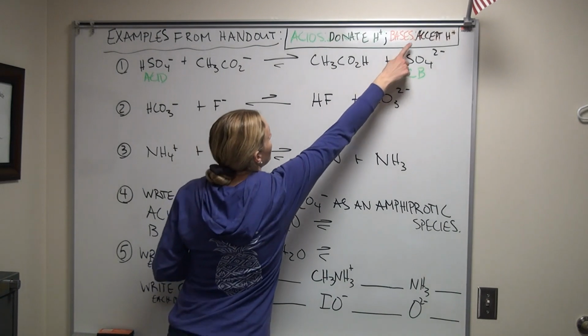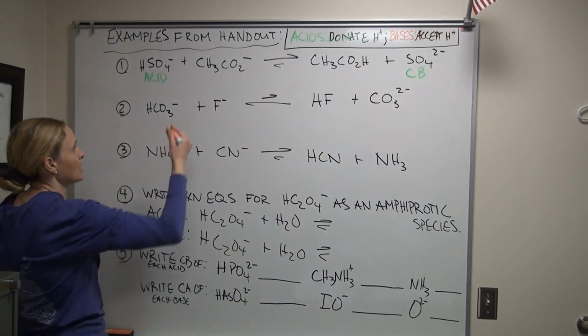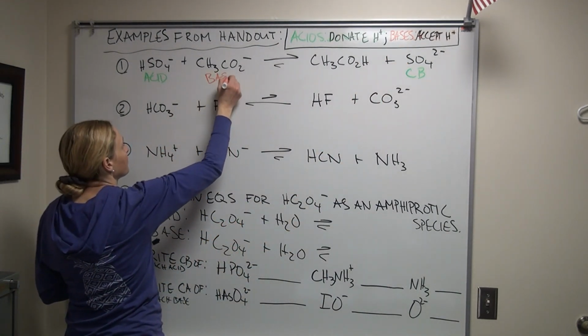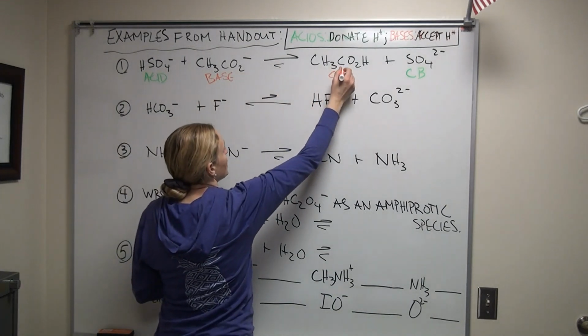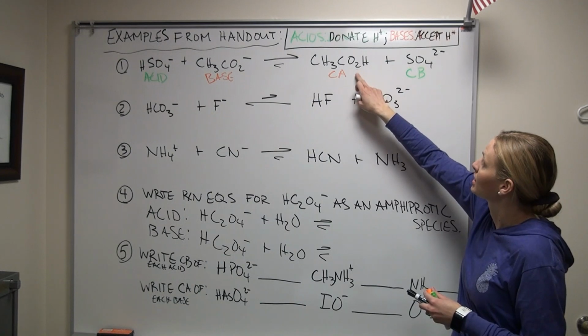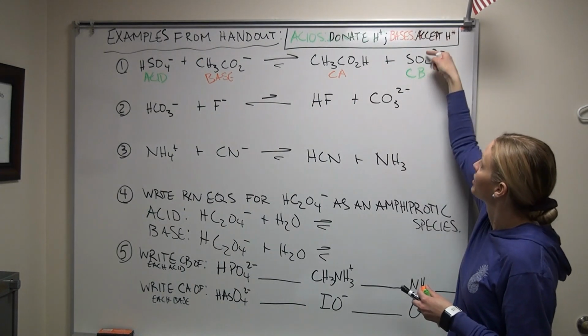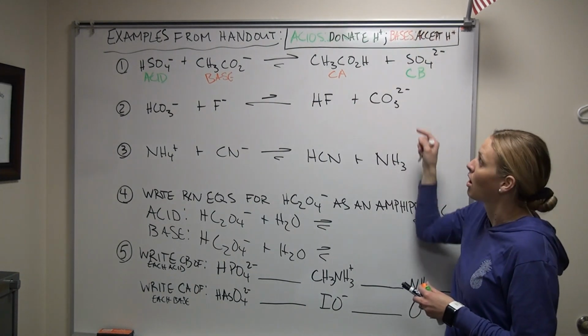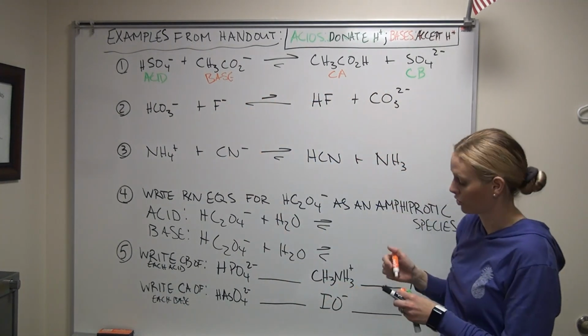That is the definition of a base. So this is the base, and then this would be its conjugate acid form. So again, if we're going in the reverse direction, this species is the acid and donates it to that, but this is really the oxygen that takes it off when we're going the reverse direction.